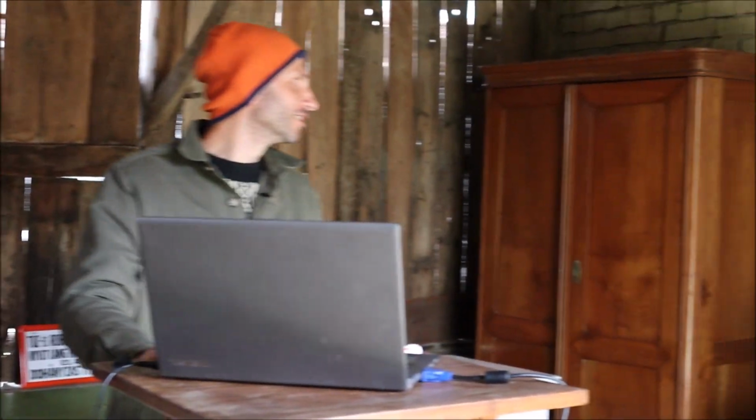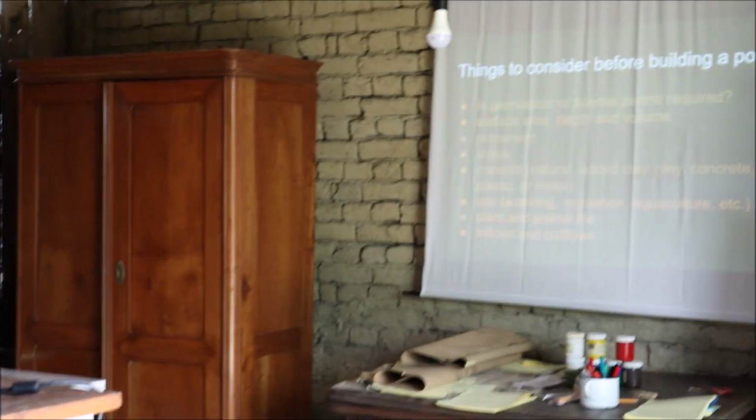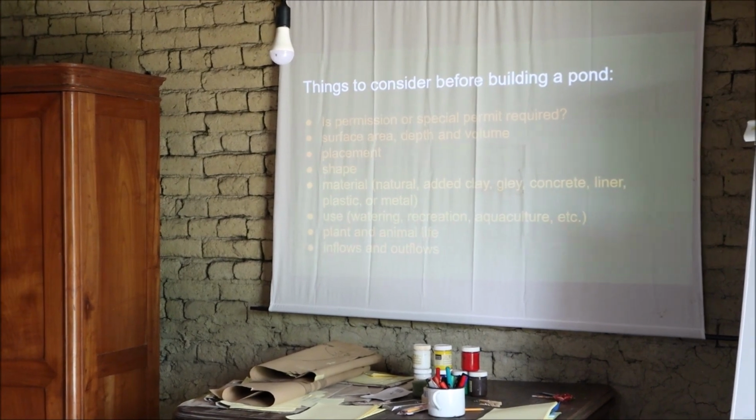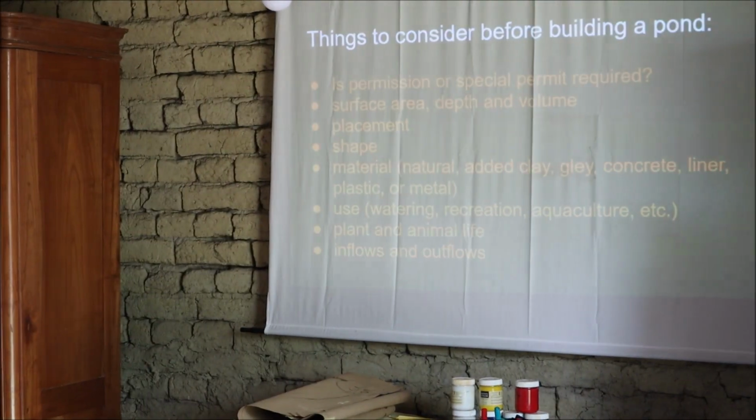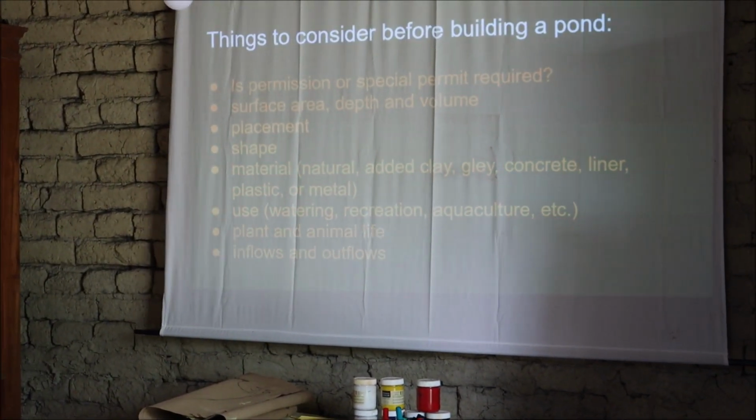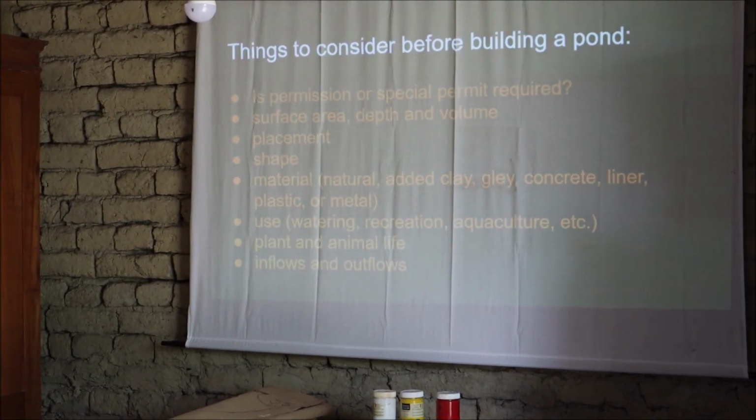Okay, so another thing is the surface area and depth and volume of the pond. You have to think about this when you're planning it. So how much space should the pond take up? How deep do you want it? And how much water will it store?